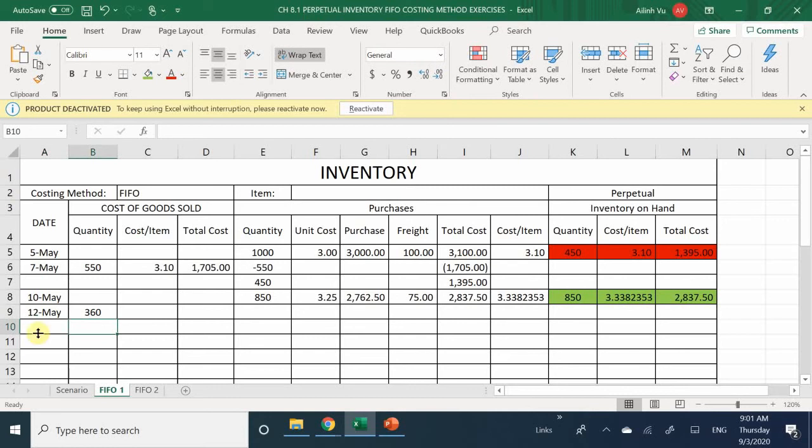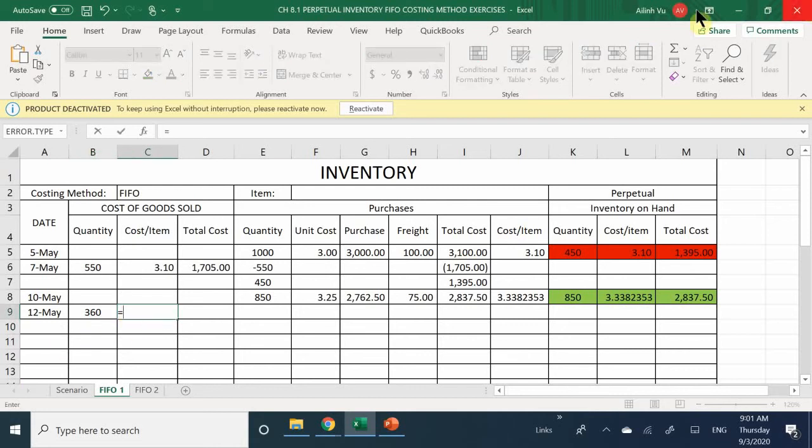Now, here is the question. We have two different batches. What method are we using? First in, first out. So am I going to be taking out of my red batch or my green batch? Red batch. And in this case, yes, we're taking out of our red batch.